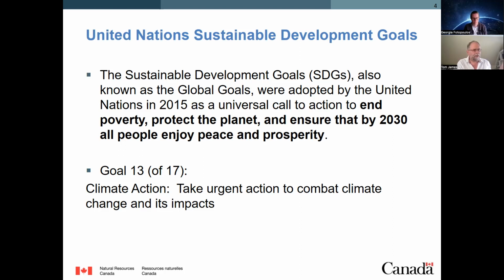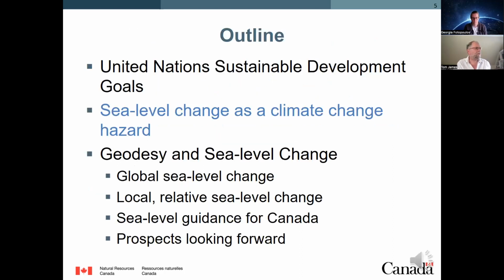So my talk today is focused on the front end of the knowledge chain, understanding the actual issue better so that we can assess the impacts and then take appropriate actions.